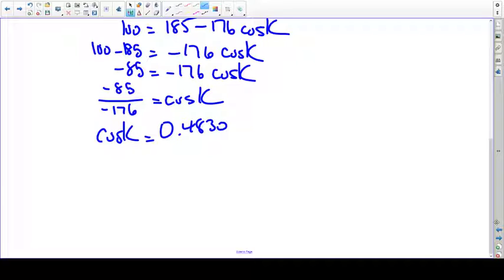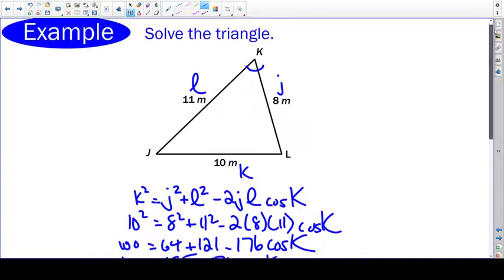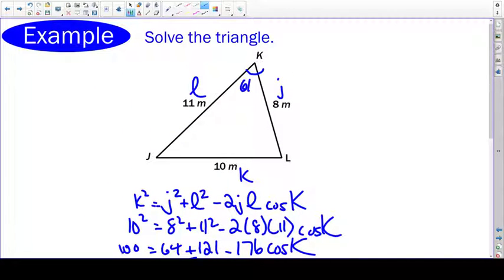Second cosine gives us an angle of 61 degrees at angle K. So going up here, that means that this right here is 61 degrees. Now, we still have to find angle J and angle L.